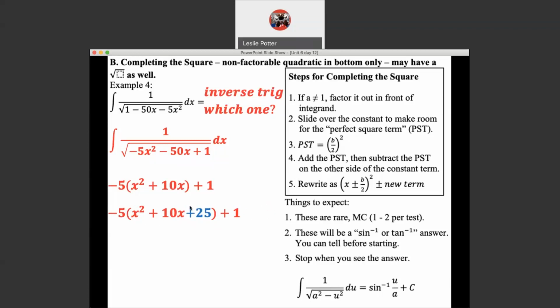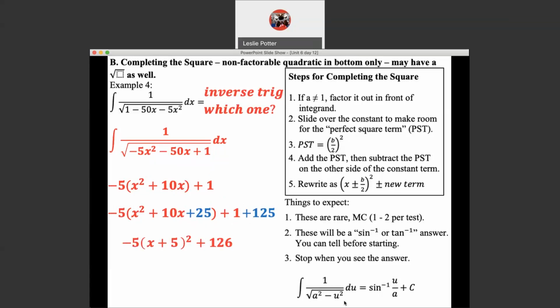Excuse me, I didn't add, I subtracted because of the negative. I have a negative, well, add a -125. I guess I said that right. So if I add a -125 here, I've got to add a +125 over here so that it remains mathematically the same as this. And the idea is this number out here doesn't matter, so it can be anything. So I'm going to rewrite this as -5 times the quantity x plus 5 squared, and then +126.